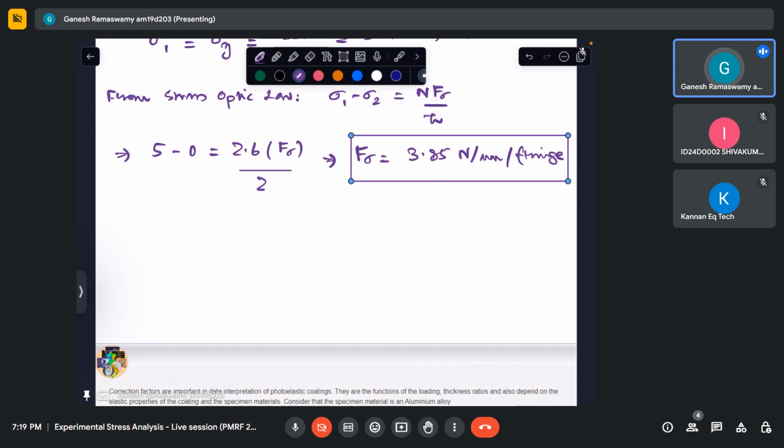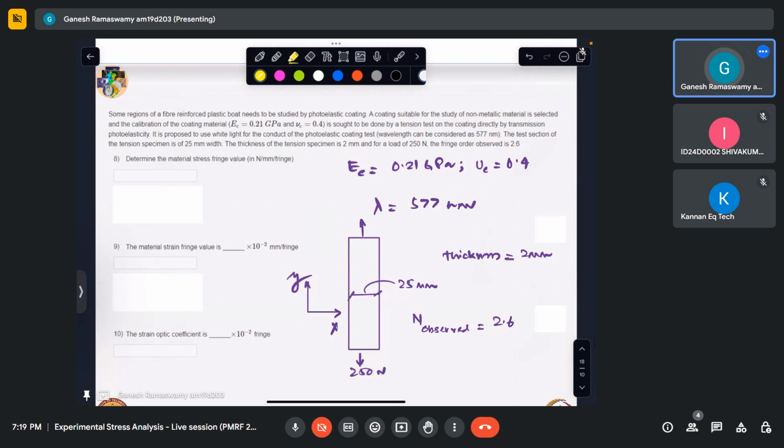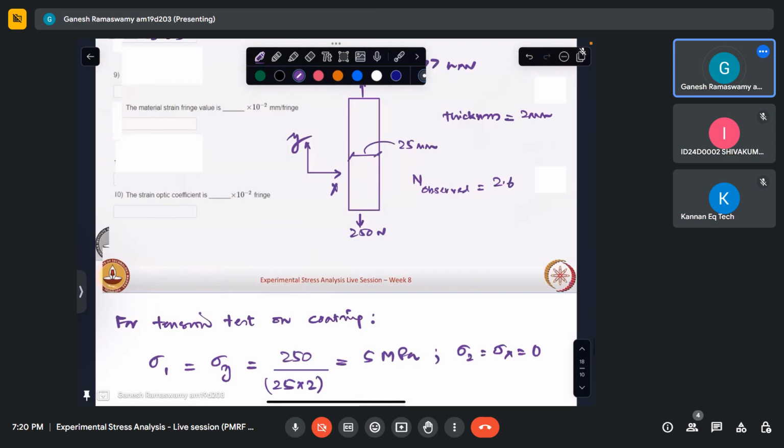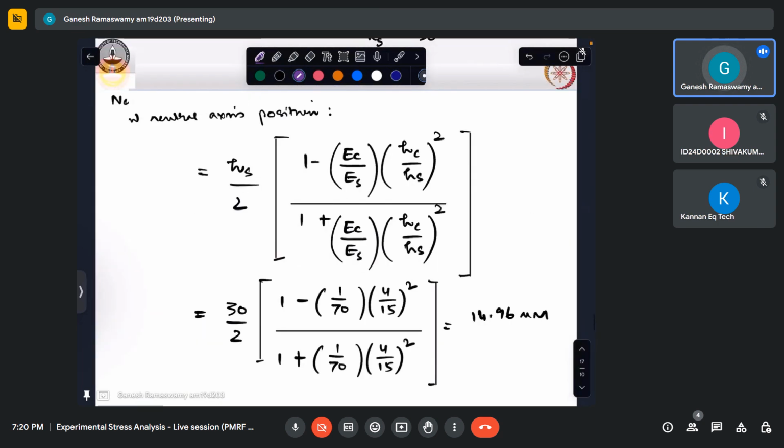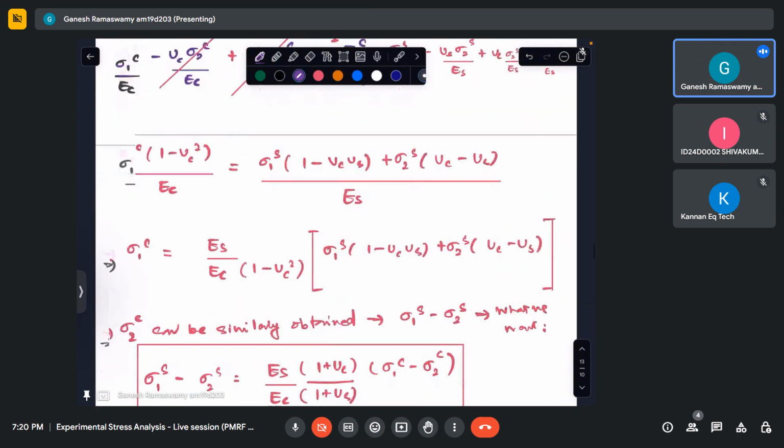The material strain fringe value is asked. Now we have that relation. Let me just take that from, yeah, so we have that here. So what does this give me?